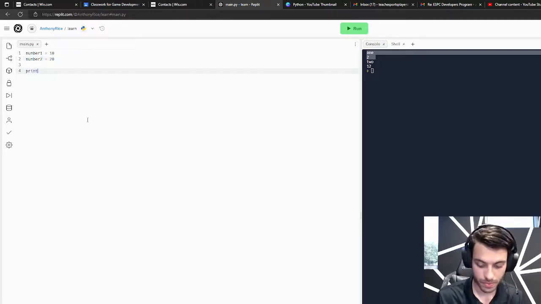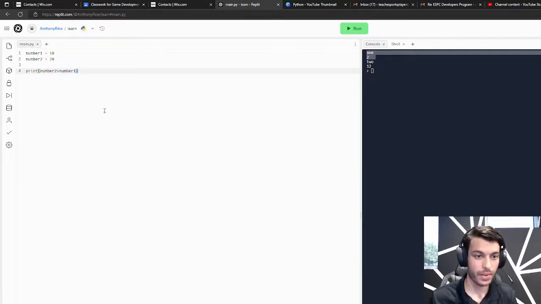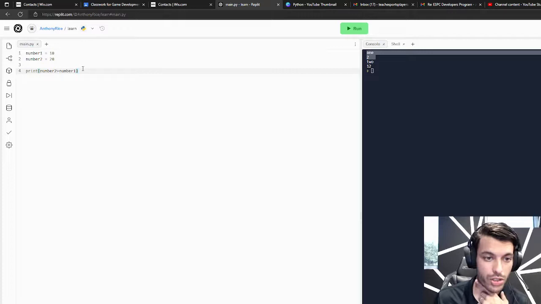Print: is num2 greater than num1? What this will print is true, because 20 is greater than 10.